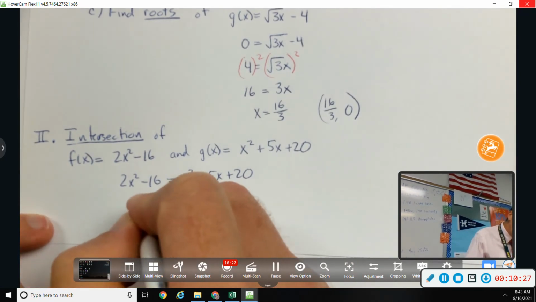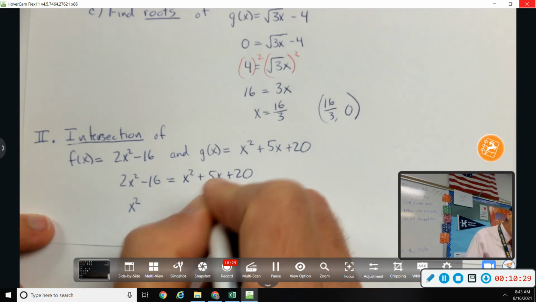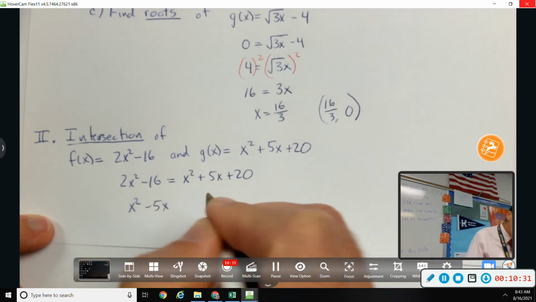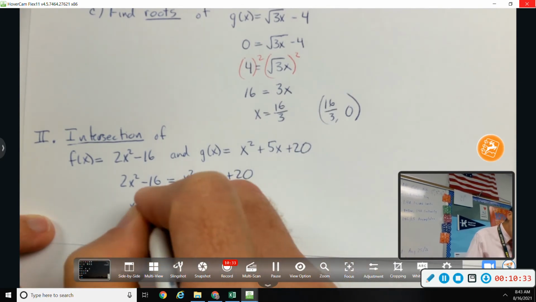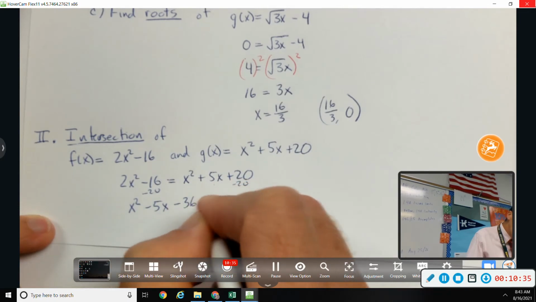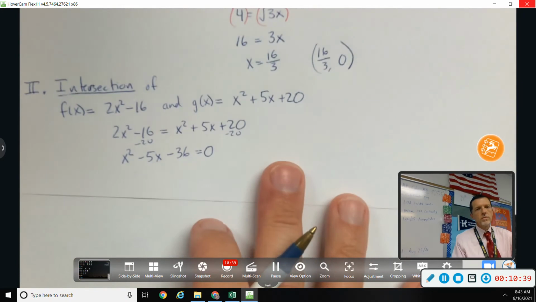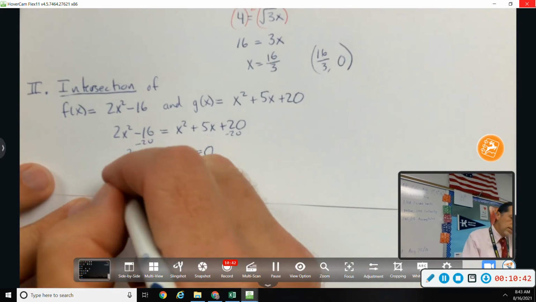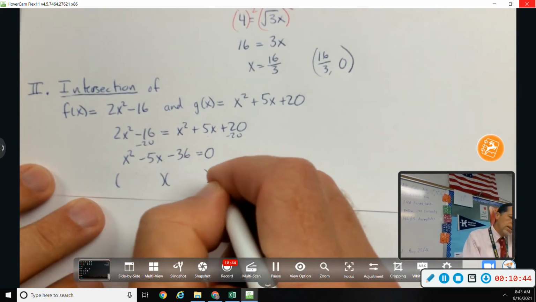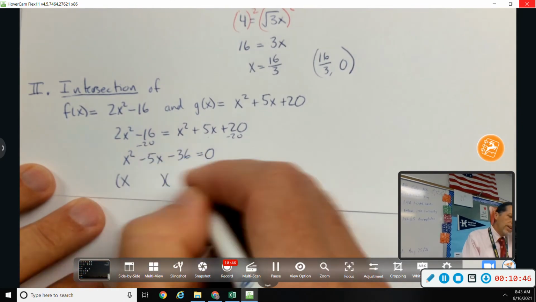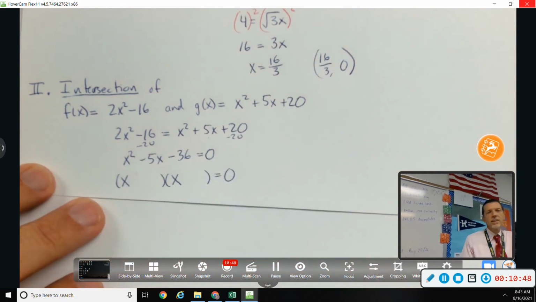So x squared minus 5x minus 36 equals 0. Let's see. Here's where we find out if I wrote a good problem or not. Does that factor?